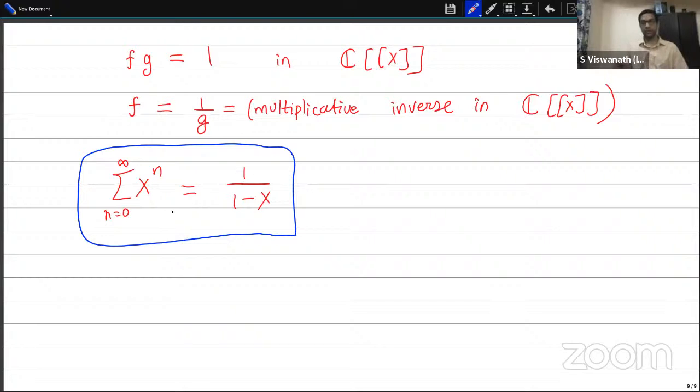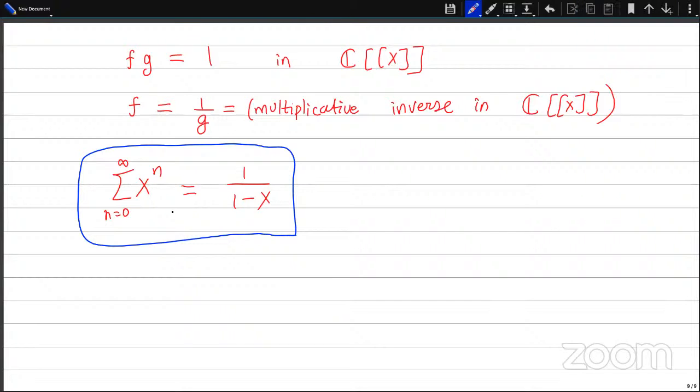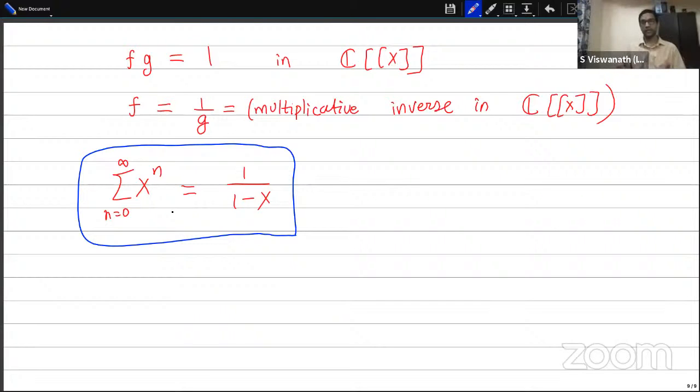Also, like Anamali pointed out, this converges uniformly on any compact set, any interval strictly within minus 1, 1, and so on. So you can talk in terms of convergence and how it defines a function of x and so forth. But notice that we have just completely thrown all that out.